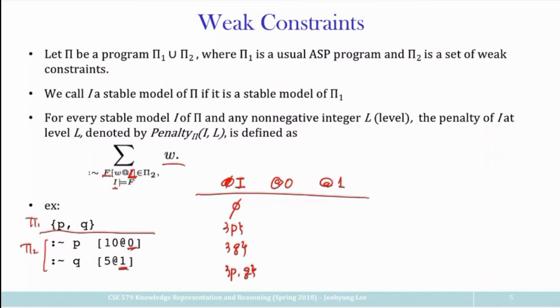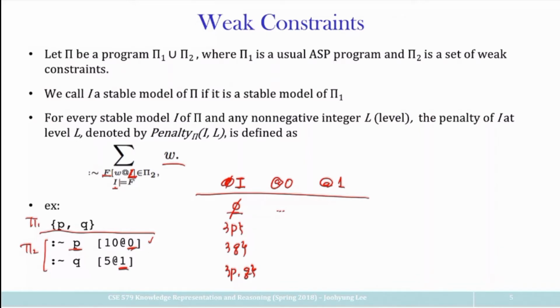So when I is the empty set, for this entry, we look at the level 0 weak constraint, which is only the second rule here, right? So we have to see whether this interpretation satisfies P. Does the empty set satisfy P?